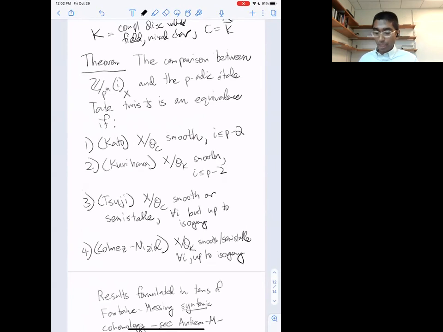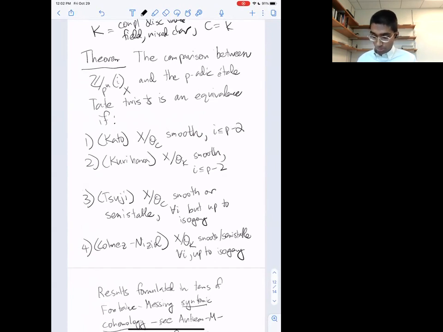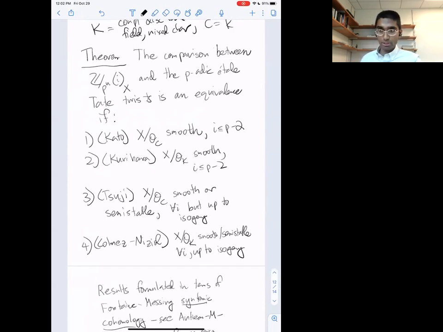Right. So these theorems were formulated in a slightly different fashion. In fact, all the action is really happening on the locus where p equals 0, because we already know what happens when p is invertible.